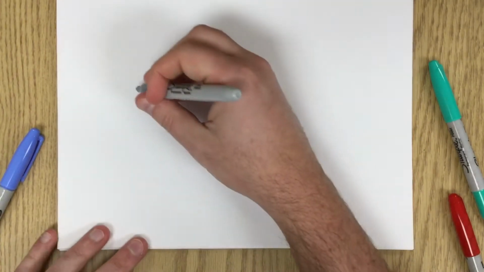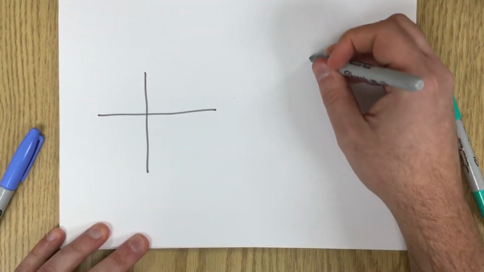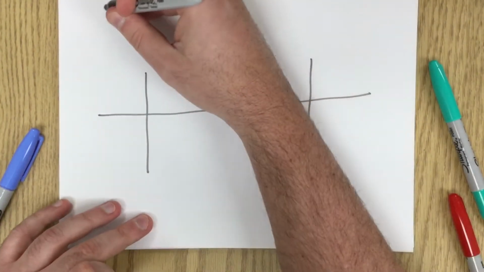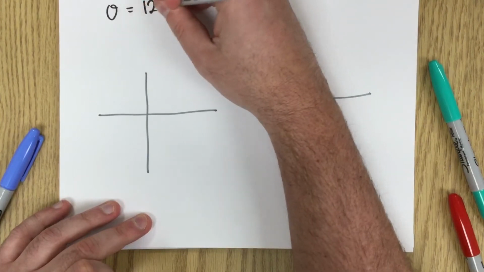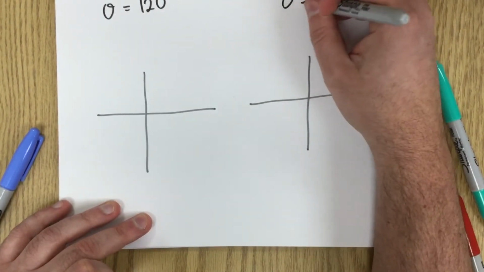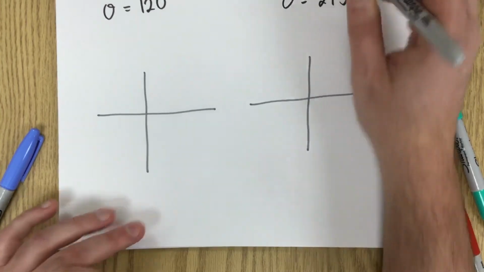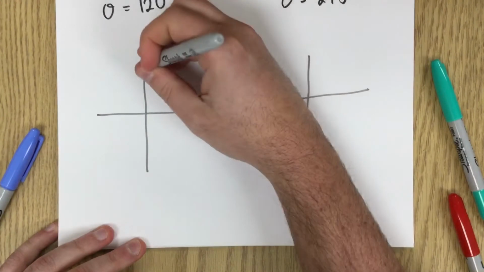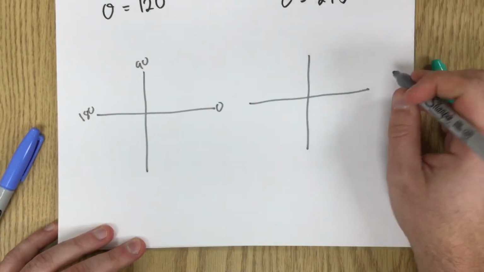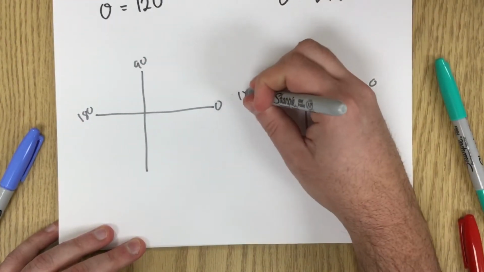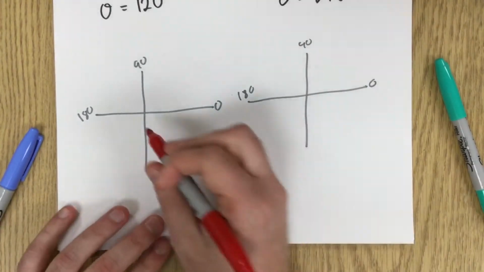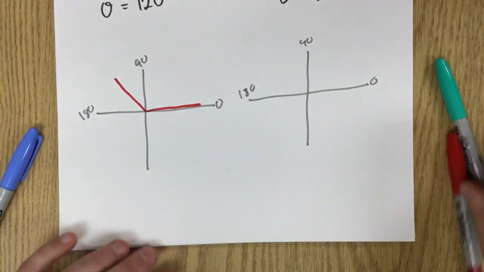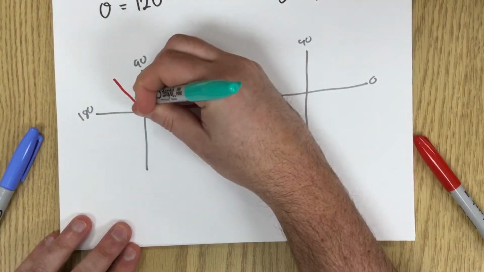Maybe we should do more than one on a page. So we'll have theta equals 120 degrees, and we'll try theta equals 215 degrees. So remember, we start here, that's 90, that's 180. 120 degrees starts there and ends somewhere over there, and that's what the angle looks like.